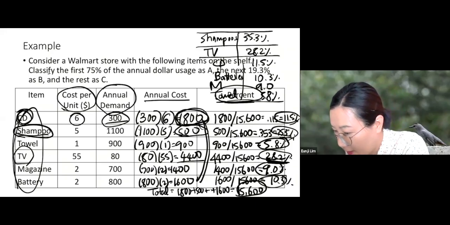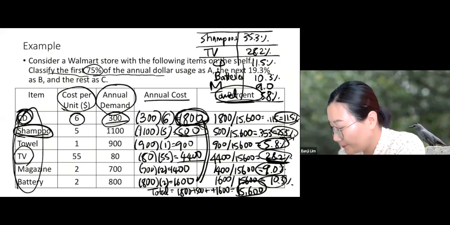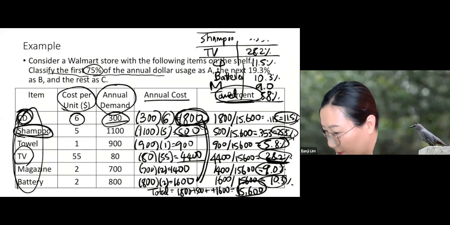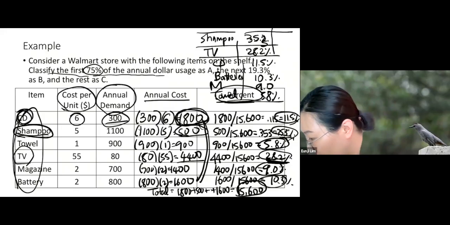Now, at this point, can you classify A, B, C items? The question says, classify the first 75% of the annual dollar usage as A. So if you add the percentage of the first two items, what do you get? In other words, you're computing the cumulative percentage.